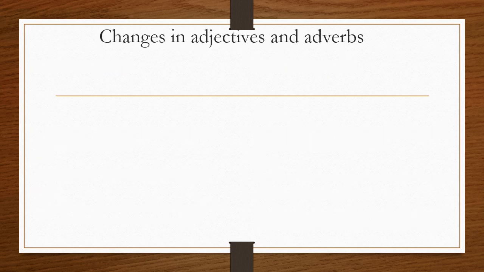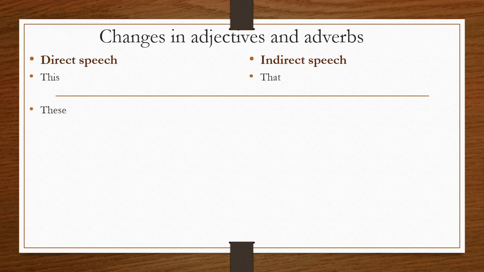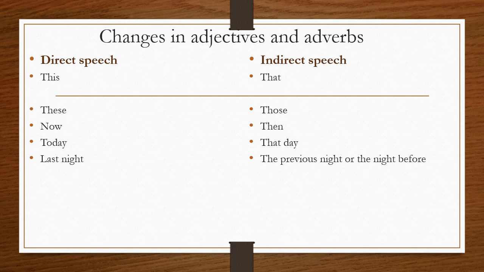Now let us see the changes in adjectives and adverbs in direct speech and indirect speech. This will change to that, these to those, now to then, today to that day, last night to the previous night or the night before.